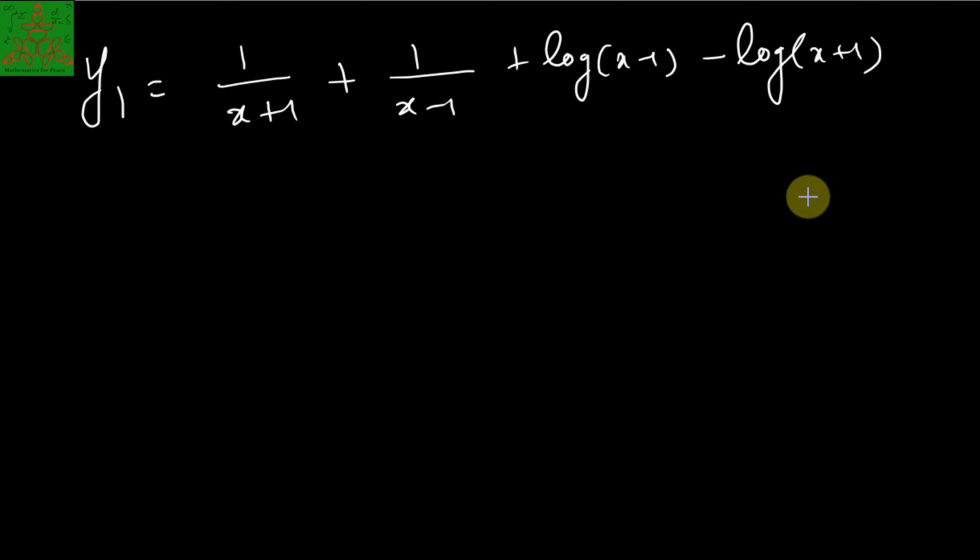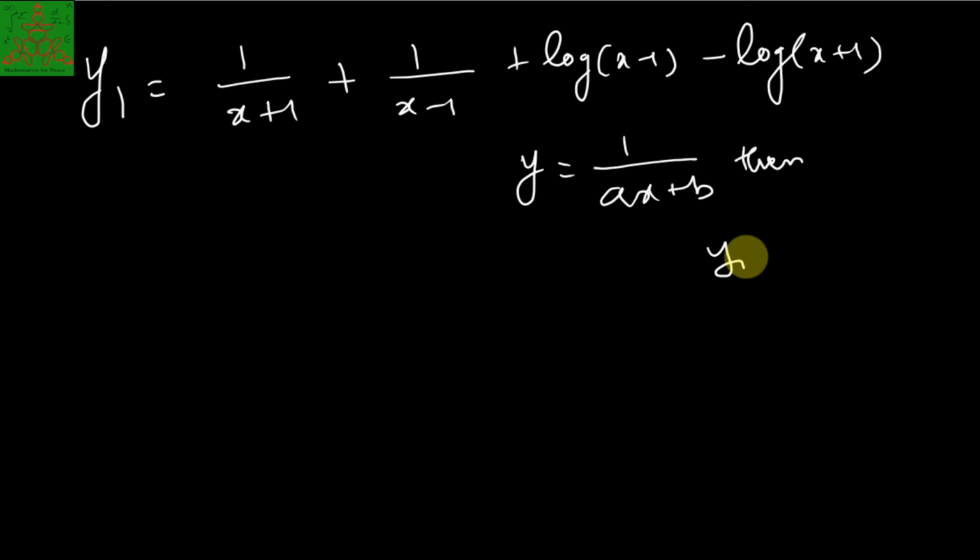All of them are well known functions for the nth derivative, because we know that if y is equal to ax plus b, then the nth derivative is minus 1 raised to n, n factorial, a power n upon ax plus b power n plus 1.